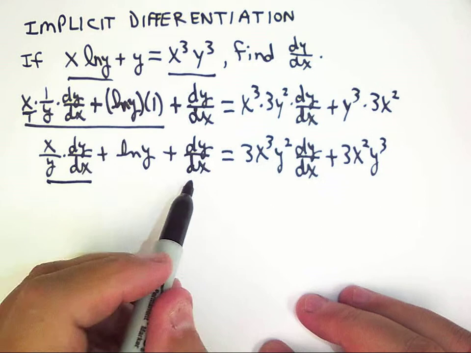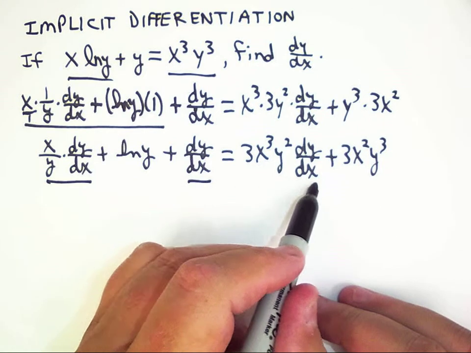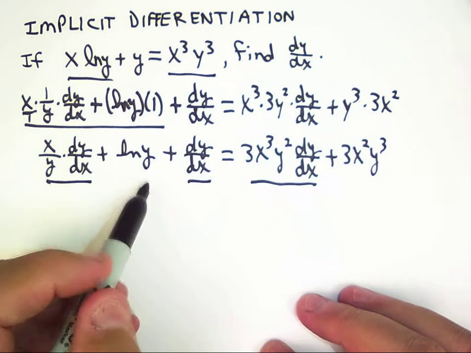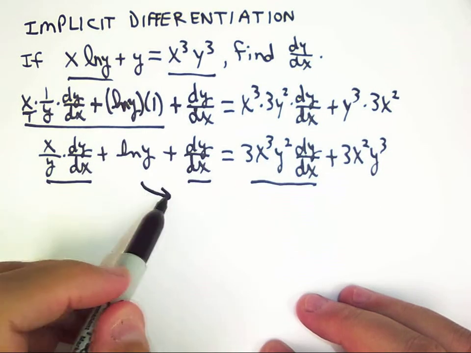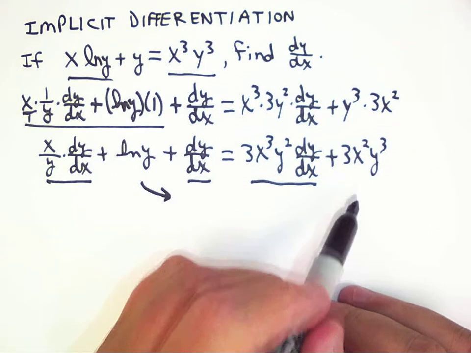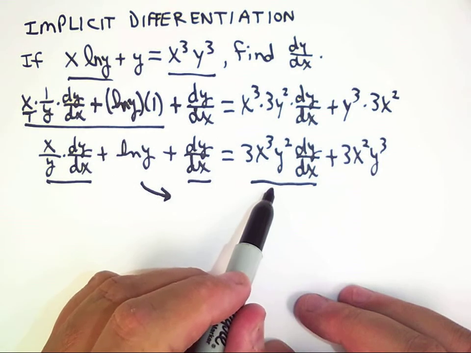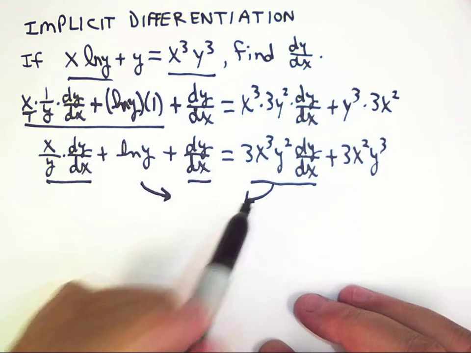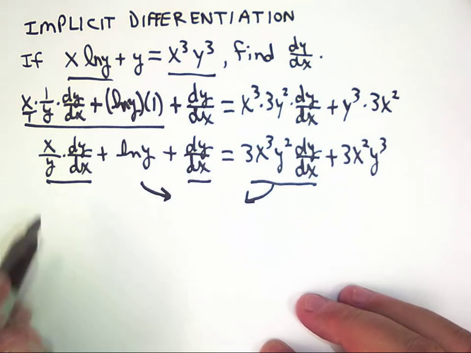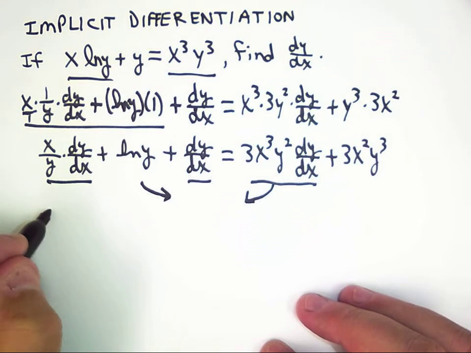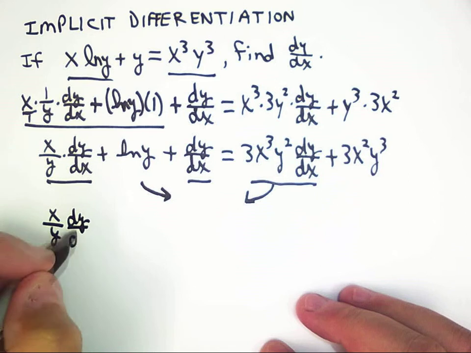And it's the same as before. You want every term that has dy over dx in it on the left, and everything else moves over to the right. So that term will end up moving over. This term will end up moving over with the other dy over dx's. So we get x over y dy over dx.